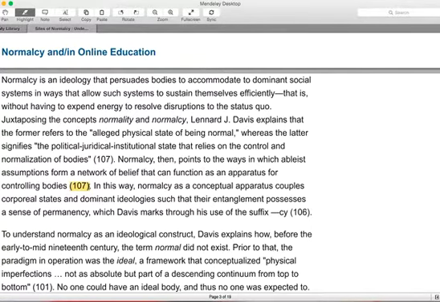Again, they take several sentences to support this idea, and they do so by citing Davis still. See a few sentences here that continue to cite Davis and explain his idea of normalcy as a construct. And then they move into citing another author, another scholar, J. Dolmage.